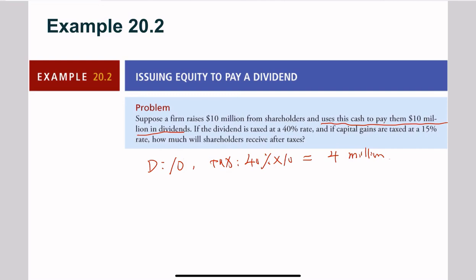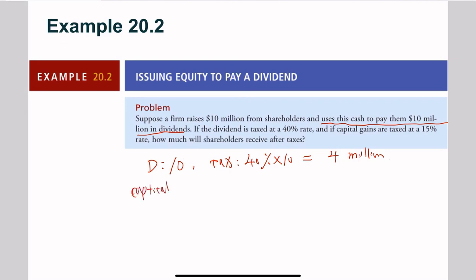That is, if the firm pays out $2 as the dividend, then the firm's share price will drop by $2. So this implies that if a firm pays out $10 million as dividends, then the total value of the firm's equity will drop by $10 million, right? And in this case, you can see that there will be some capital loss.